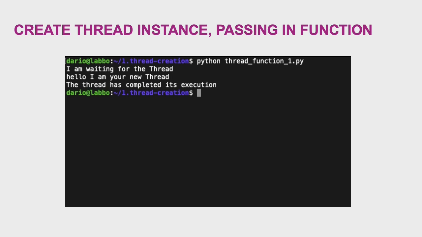And we start executing in a concurrent way. Then what you can see is that our thread prints out, "hello, I'm your new thread," and terminates. The main thread is waiting for the thread to terminate on the join, then can print "the thread has completed its execution." So everything is what we actually expected.